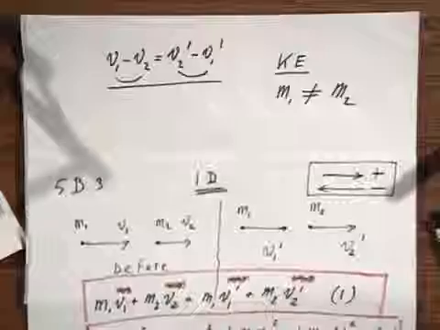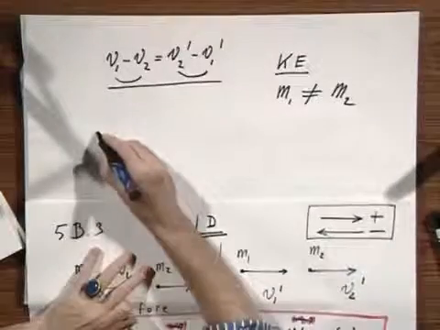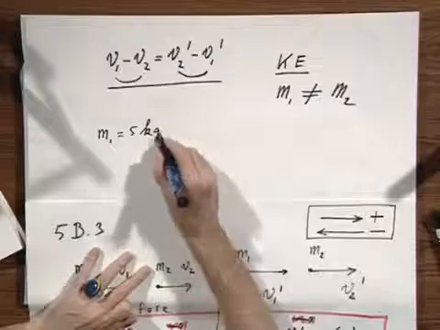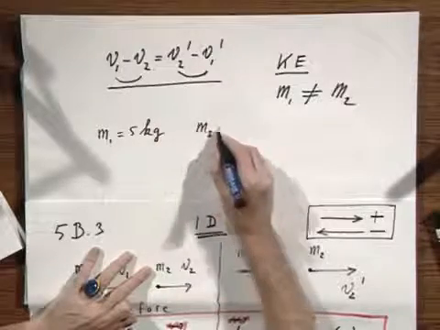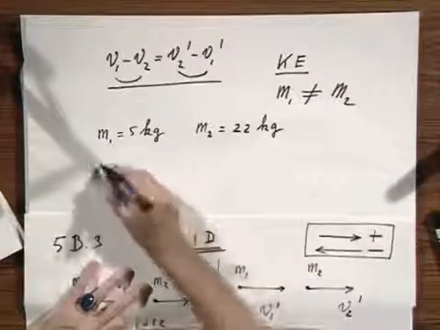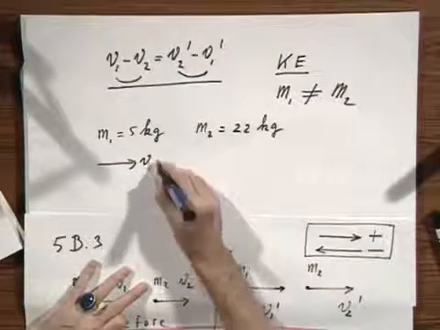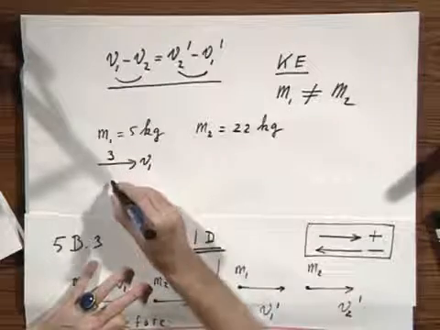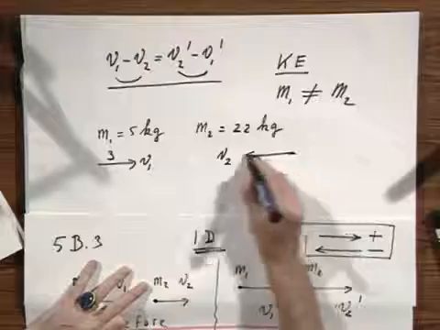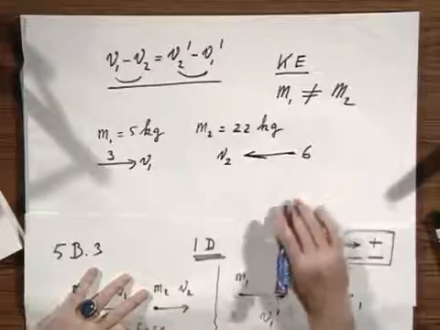Let's take an example. For instance, I have m1 equals 5 kilograms, and I have m2 equals 22 kilograms. This object v1 magnitude 3, and this object v2 in the opposite direction, magnitude 6 meters per second.